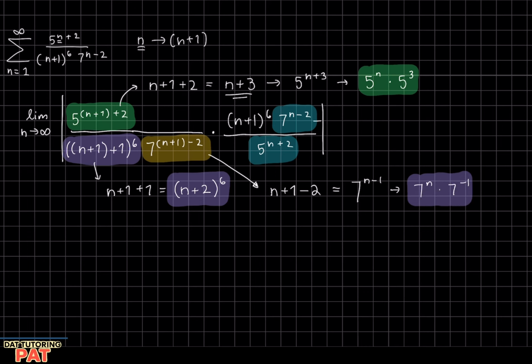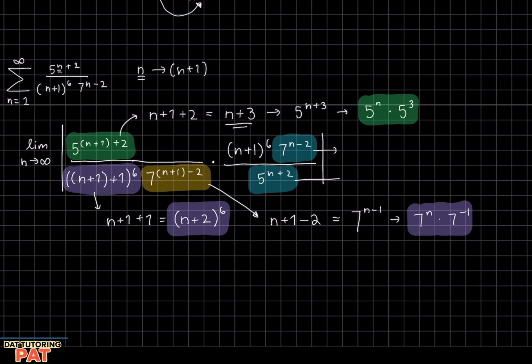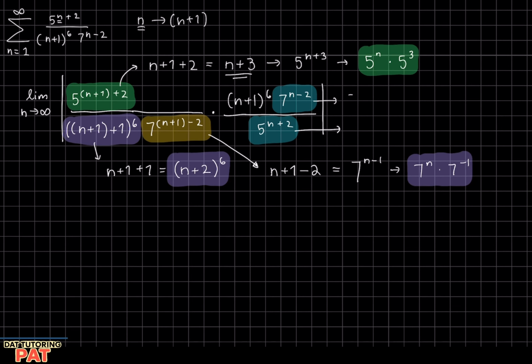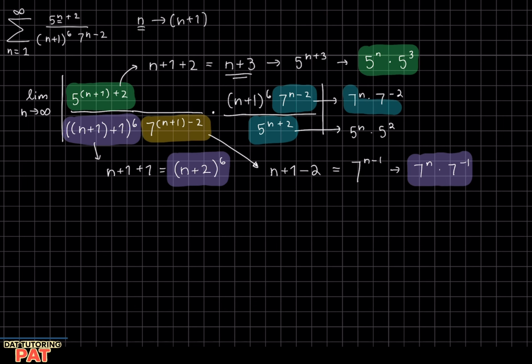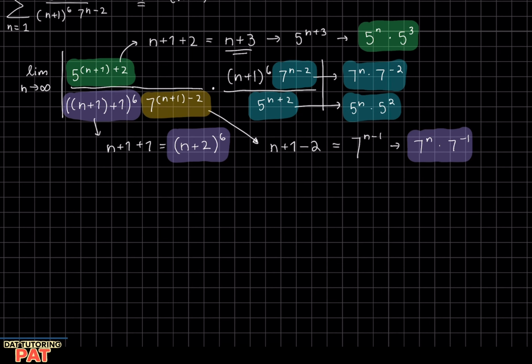And we're just going to use our straight exponent rules on this. Right? This is just 7^n times 7 to the minus 2. It's just 5^n times 5 to the 2nd power. Perfect. Okay, so everything's simplified. There's a whole bunch of stuff going on.